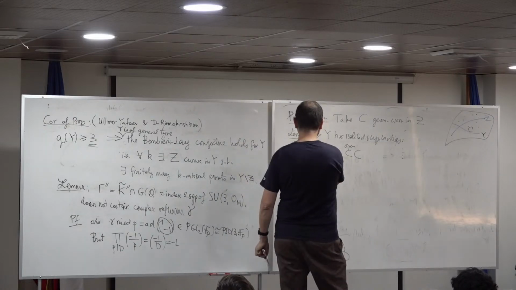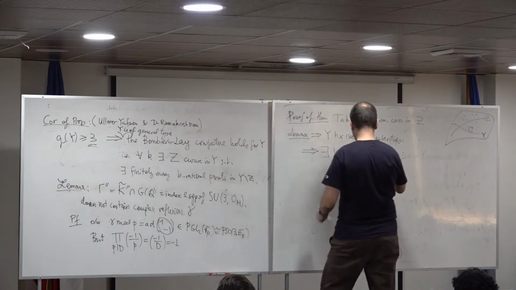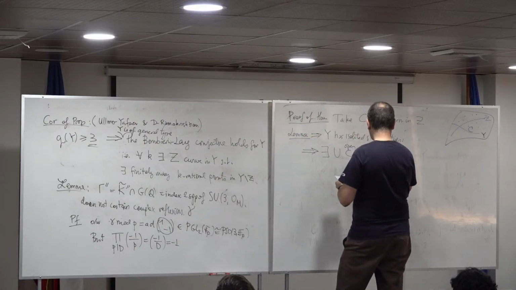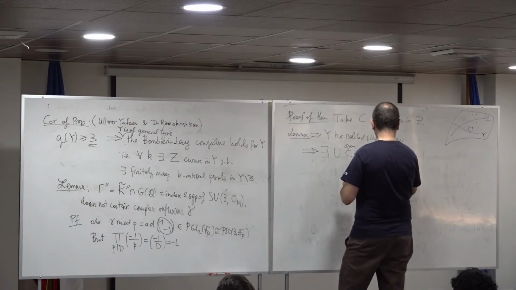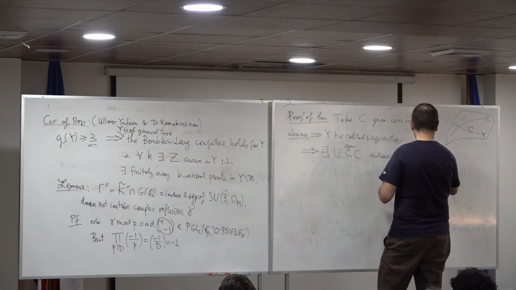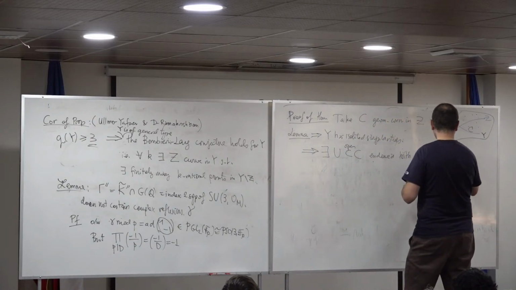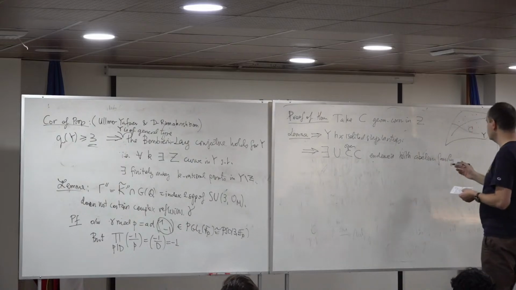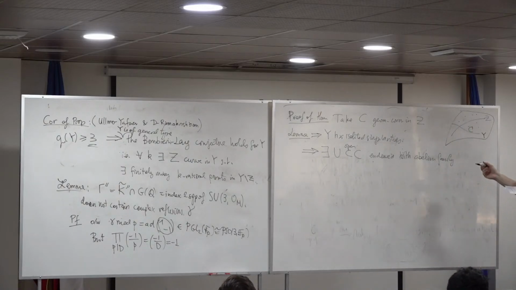This is really crucial. So the lemma implies that there exists U endowed with an abelian family. I mean, an abelian family means a family of abelian threefolds of Picard type A over U. So that's really important.